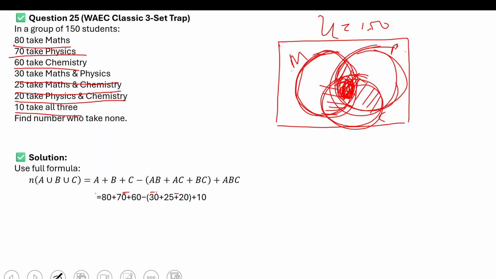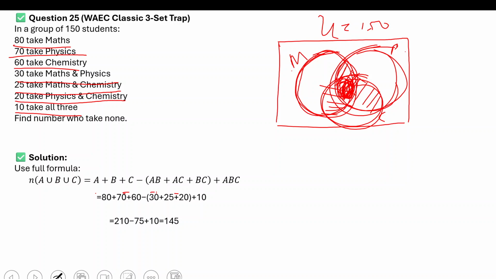Math and chemistry intersection is 25, and chemistry and physics intersection is 20. Then all is 10. Okay. So I'm getting 145 as the number of them that take everything.